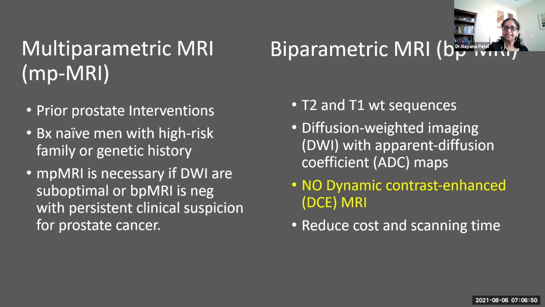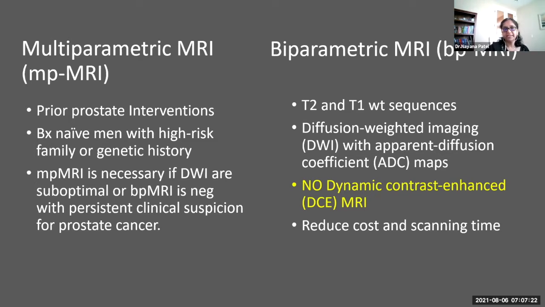The advantage is that because it is an abbreviated protocol, it reduces the scan time, and as there is no requirement for administration of the contrast agent, it reduces the overall cost. So it is another good alternative to multiparametric MRI in areas where resources are limited and there is limited availability of MRI.